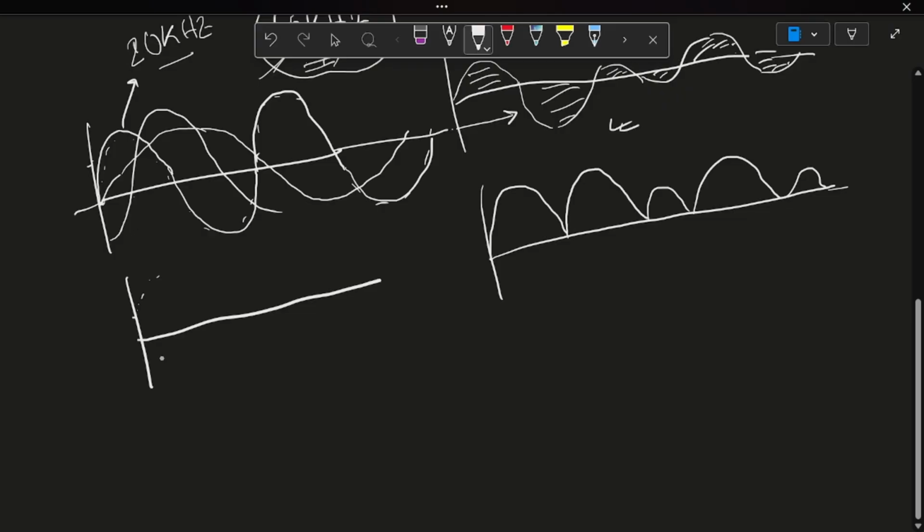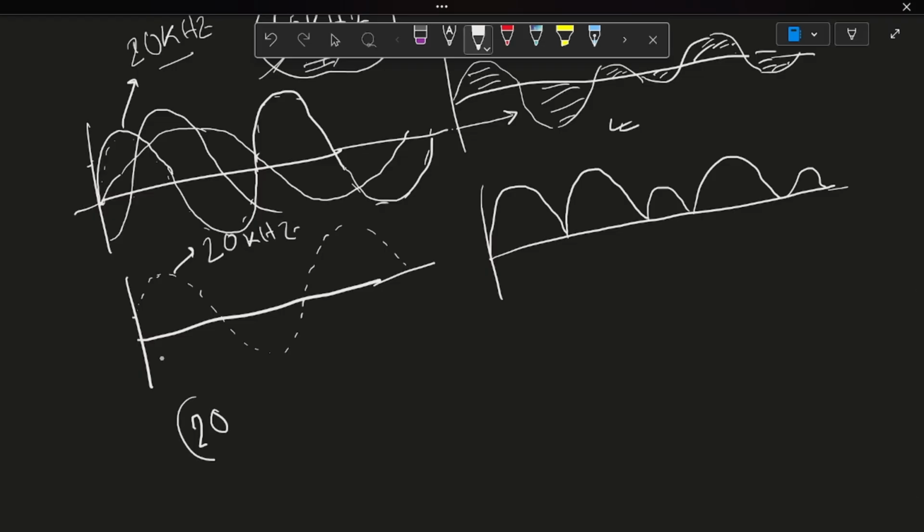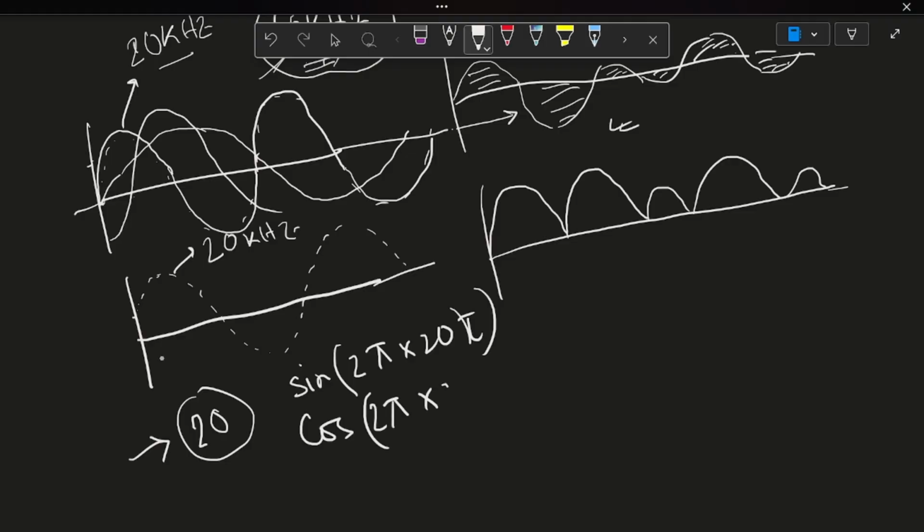If this is your original data, and suppose this is 20 kilohertz but a little bit shifted, this is your sine wave with 20 kilohertz frequency, and this is your cosine wave with 20 kilohertz frequency.